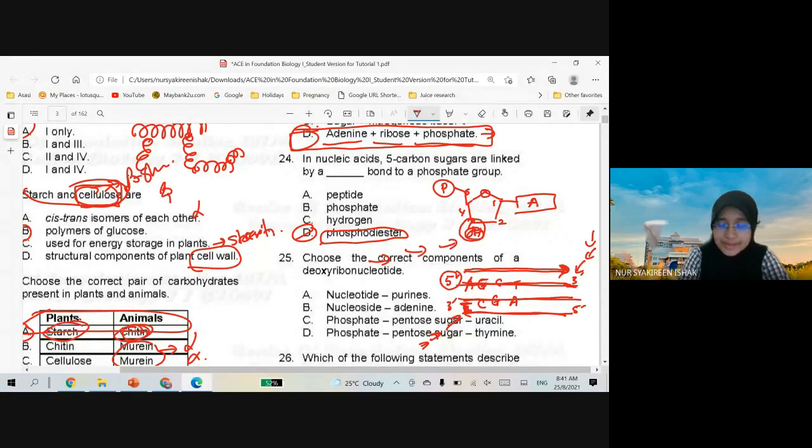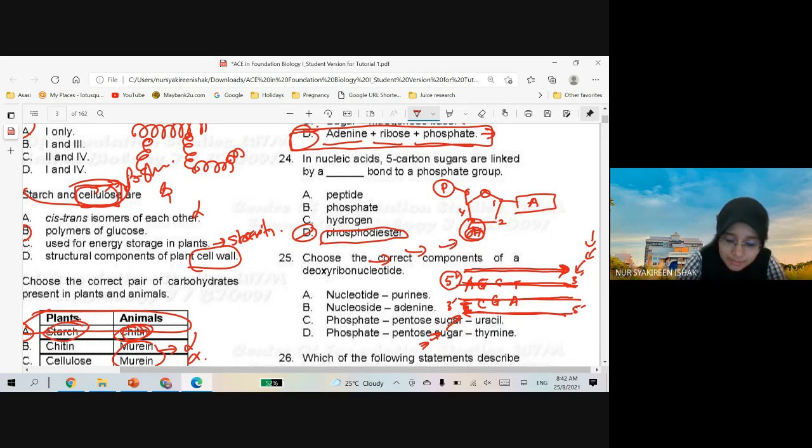So kita belajar, in order for you to link together the monomers, tak kisahlah glucose ke, untuk jadi longer polysaccharide such as starch, ataupun amino acid to form polypeptide, or nucleotide to form polynucleotide in nucleic acid. So all the reaction where you join together all the monomers is through the reaction of condensation ataupun dehydration. So the reaction involves the removal of water molecule.